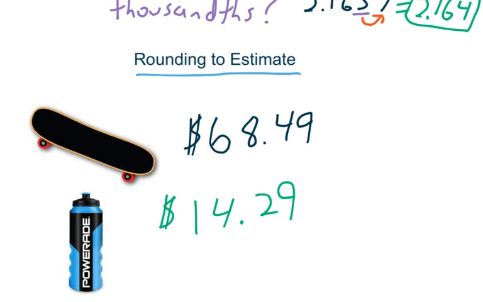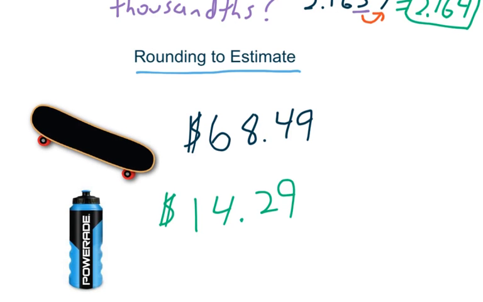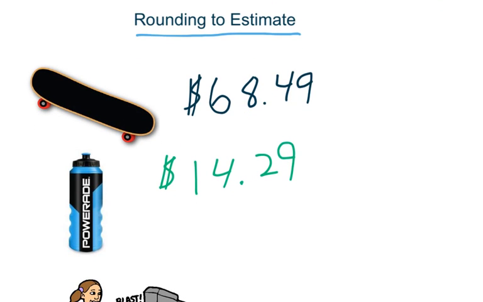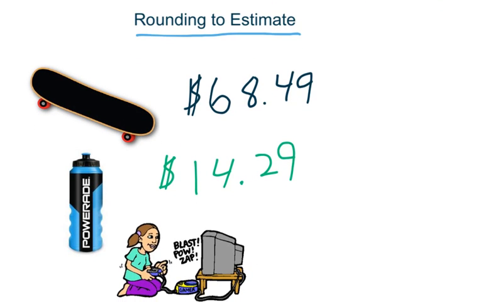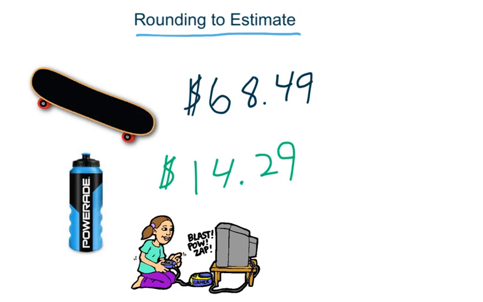And then you realize there's a video game you've been wanting to get, so you also purchase a video game. And we'll say that video game costs $48.99.